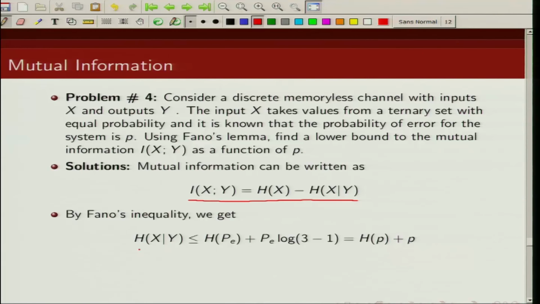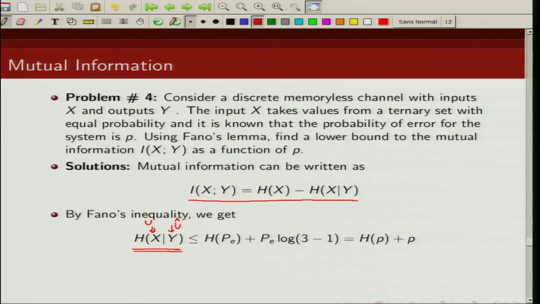Now from Fano's lemma, we know that this uncertainty in x given y, note this is in the Fano's lemma that we have proved, this is my u and this is the estimate u hat.